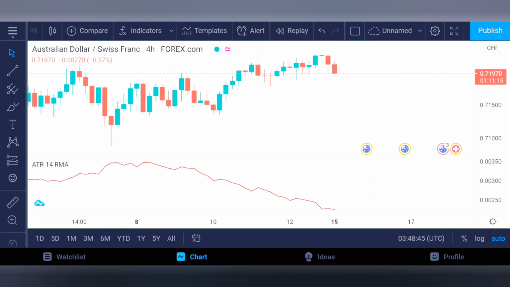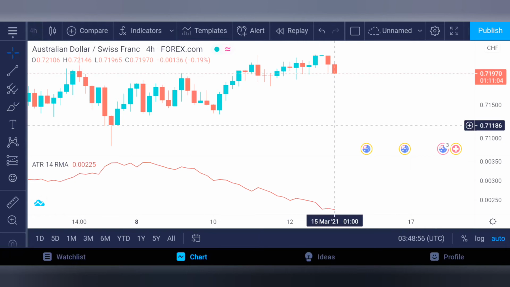Now, if I move this to the last candle we have here, you see that a number is now being displayed at this point, where you have ATR. That number being displayed is 0.00225.